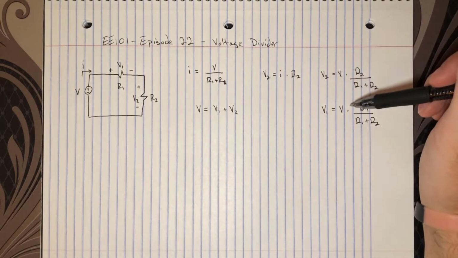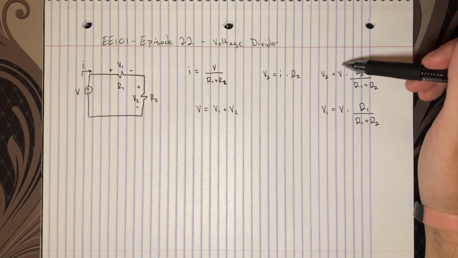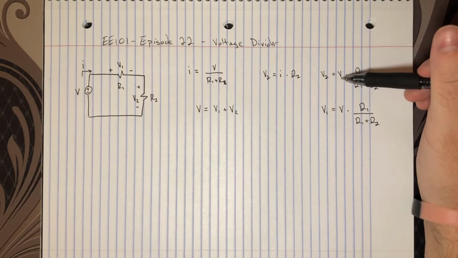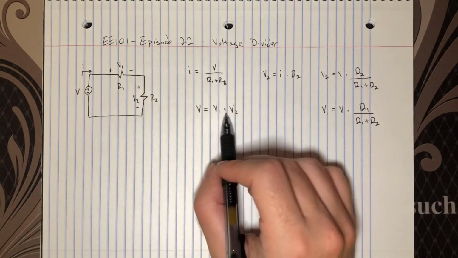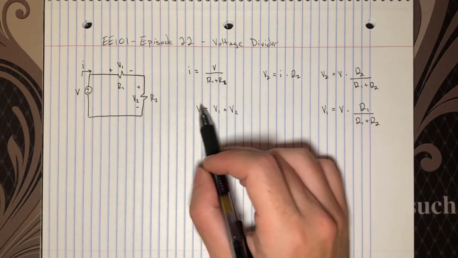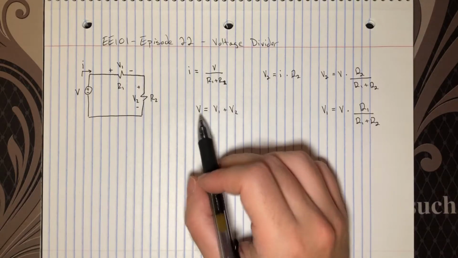So each of these voltages eats up a certain percentage or ratio of the total source voltage V. And this is what we already know from Kirchhoff's voltage law, aka the conservation of energy.